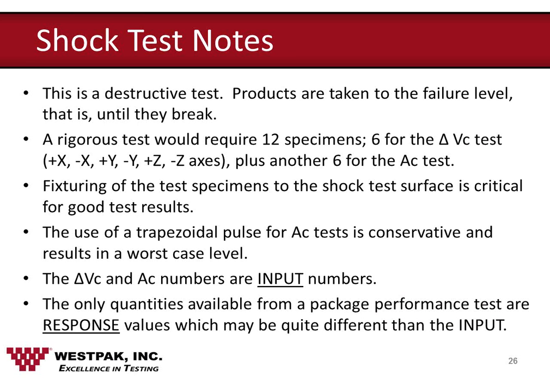In addition, the design numbers given during the damage boundary test are input numbers for a shock test machine because they come from the shock test machine. During a package performance test, the only thing that we can really measure is the response values, and these might be quite different. There are ways around this particular issue, but it's important to recognize that there is a difference between shock input and product response.